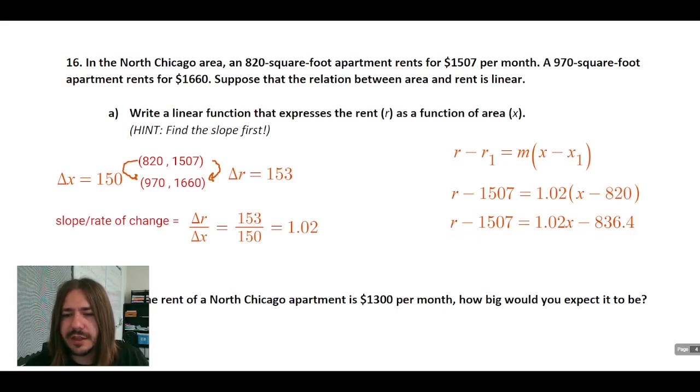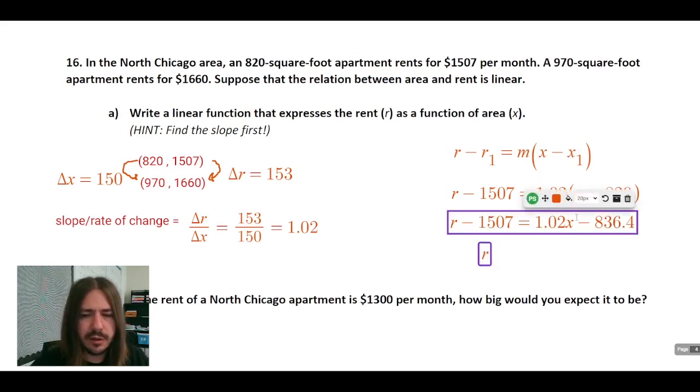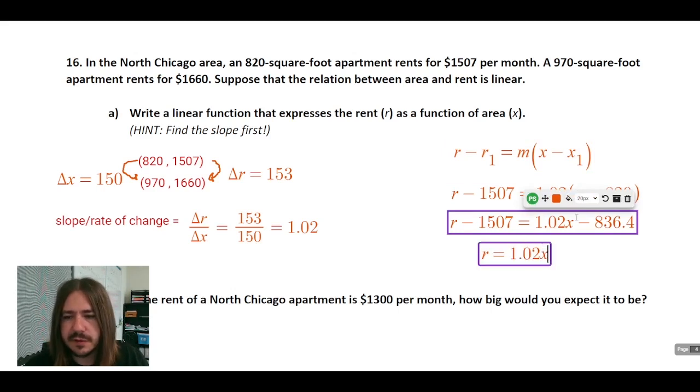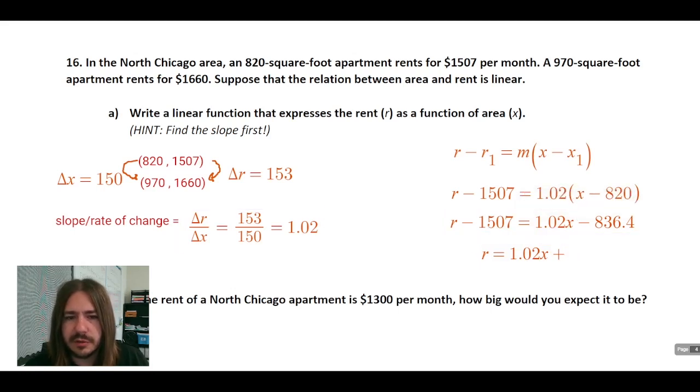And then finally, we're going to take that number and add 1,507 to it. So we get r equals 1.02x plus, hold on here, I have to put this in the calculator. We got negative 836.4 plus 1,507. Okay, so I'm getting 670.6. I think that's right. That seems right.